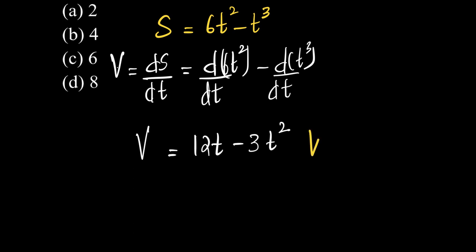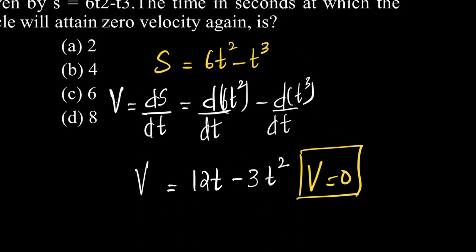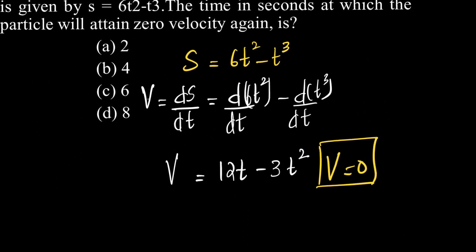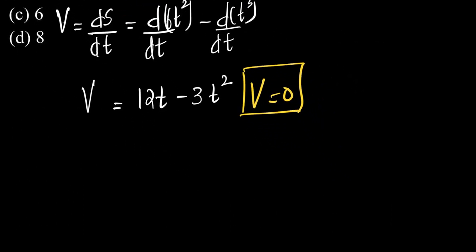Now if v is equal to 0, that is what the question asks about: the time in seconds at which the particle will attain zero velocity again. If v is equal to 0, we can say that 12t minus 3t square is equal to 0.